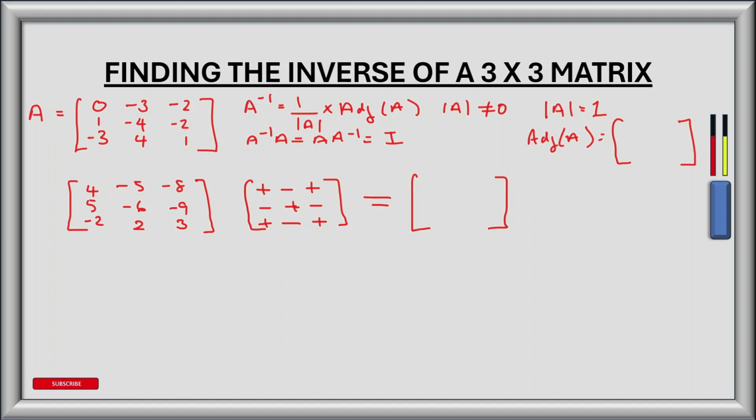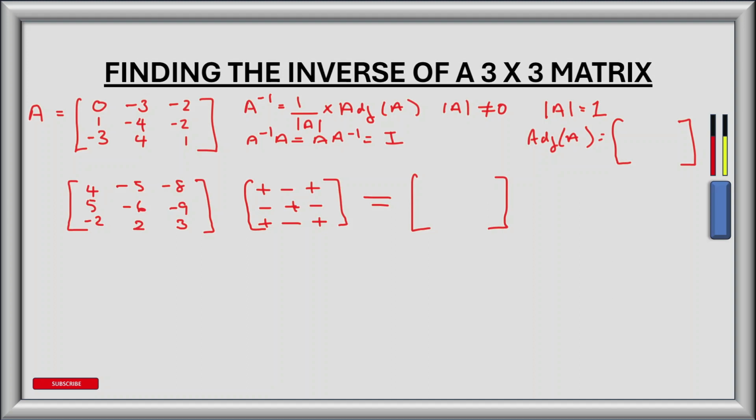So I've cleared the board to make a little bit more room, and I've written the matrix of minors below matrix A, and next to it I've put a matrix of plus and minus signs. Now the matrix of minors, some of the elements need to have their signs changed in accordance with the matrix to the right. So let's just do that.